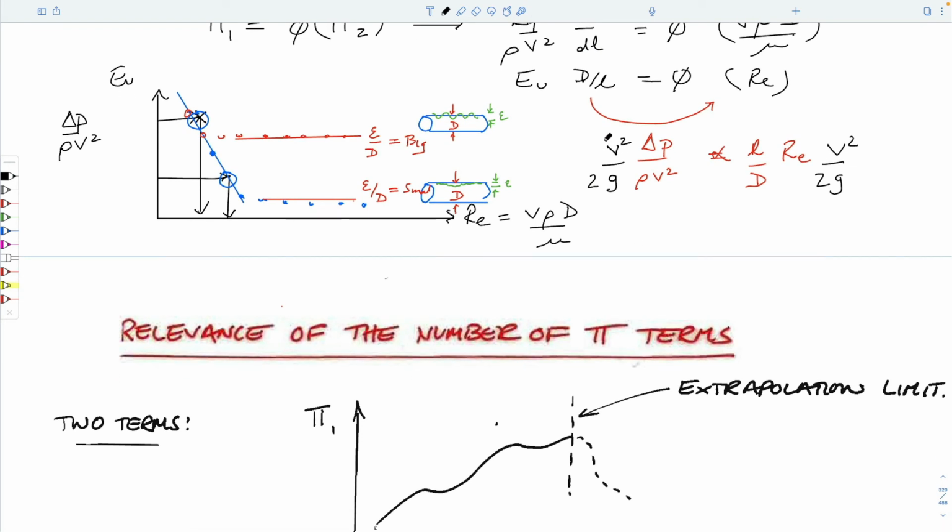And if I do that, then I can cancel out this, and I can rewrite this as exactly delta P over rho g. So this term here, the unit weight, is proportional to length over diameter times Reynolds number and V squared over 2g.